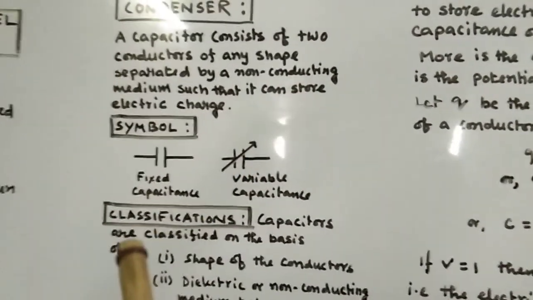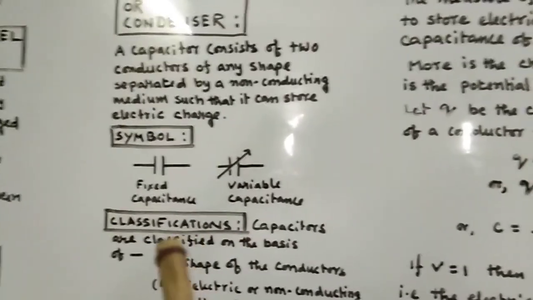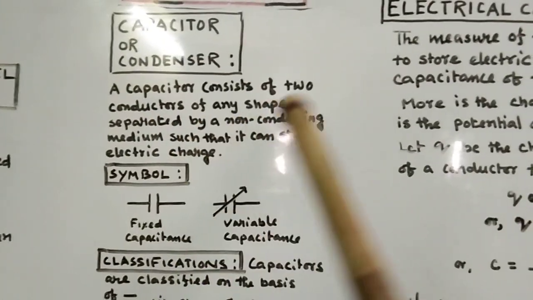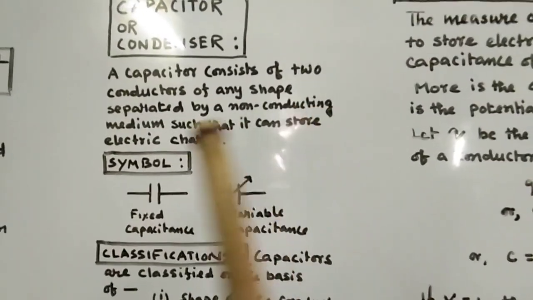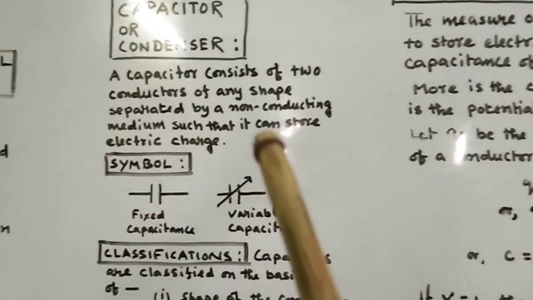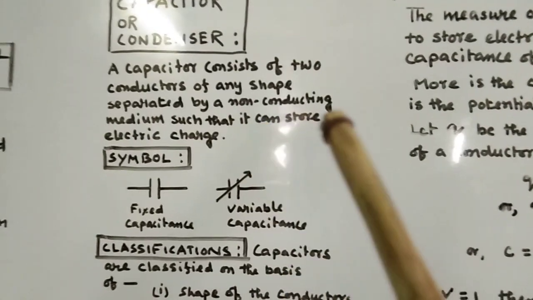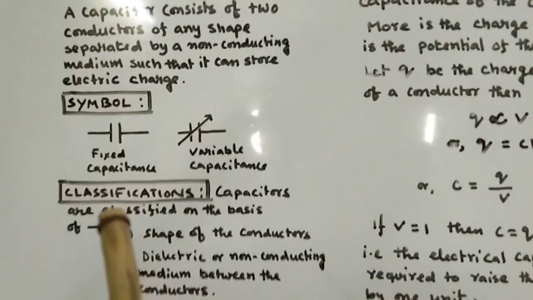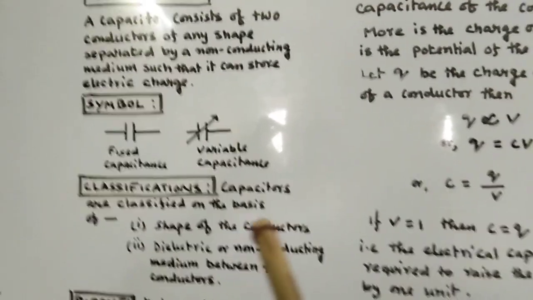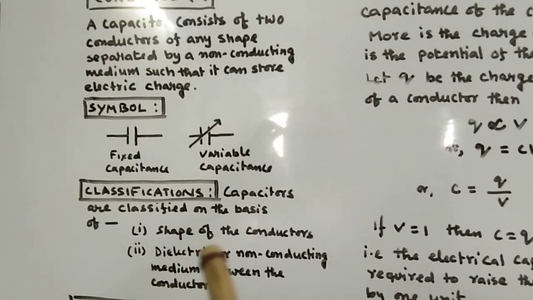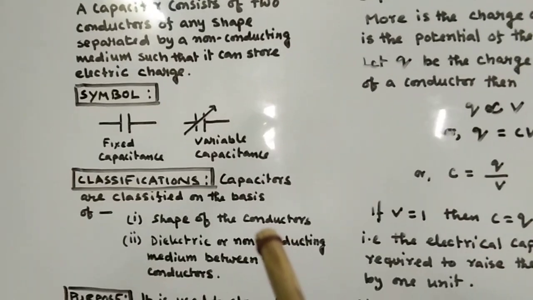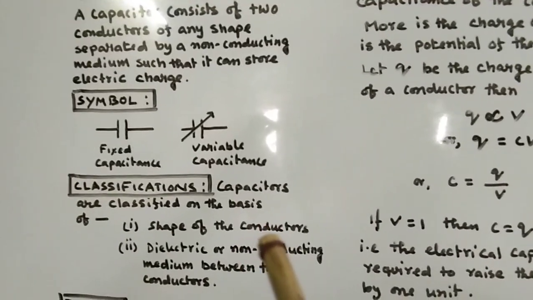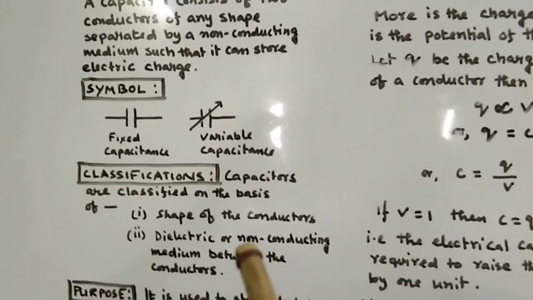Now regarding classification, we have said that a capacitor is a combination of two conductors of any shape separated by a non-conducting medium. So based on the shape and the non-conducting medium, you can classify capacitors. Based on the shape of the conductor, you get cylindrical capacitors and spherical capacitors.